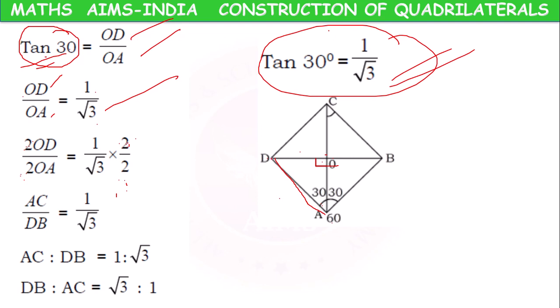Double of OD is called BD, because here diagonals are bisected, so OB and OD are equal. Double of OD equal to BD.